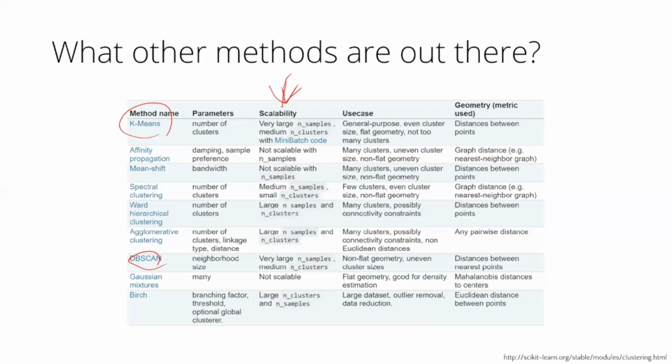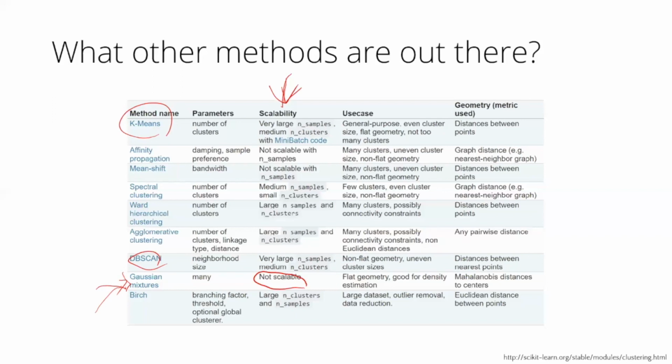There are some other methods that work fairly well in big data scenarios. For example, in this table, it says Gaussian mixtures are not scalable, but that's not quite accurate. Gaussian mixtures can work fairly well, not with the default version, but when using a distributed computing based algorithm. So similar to k-means, by applying some modification, you can have a Gaussian mixture model that can be scaled to a large data set.